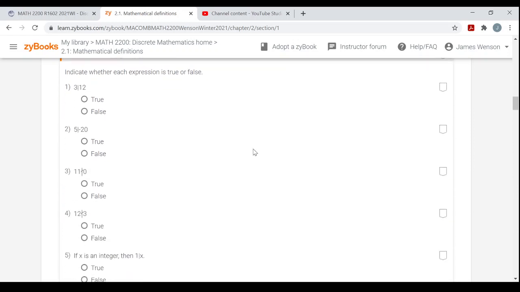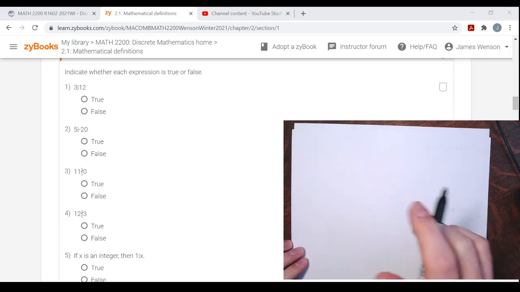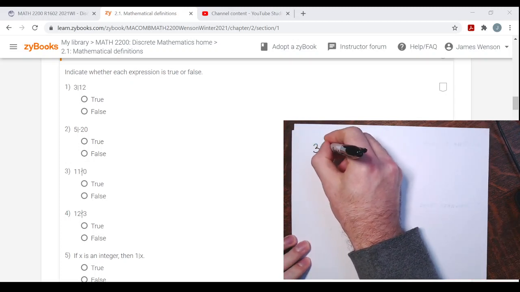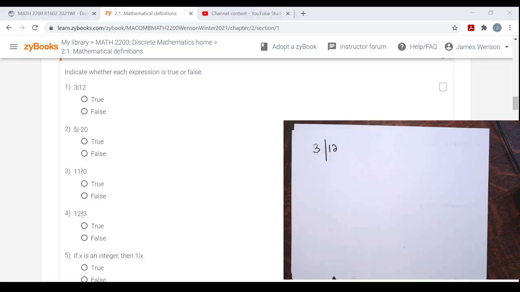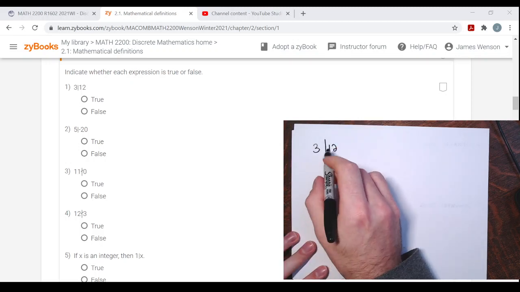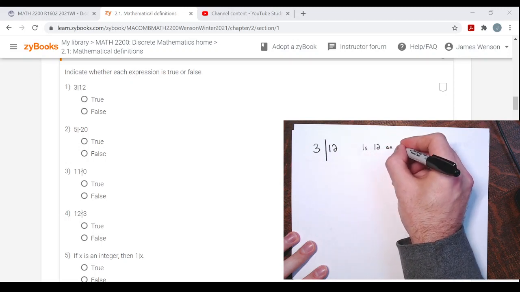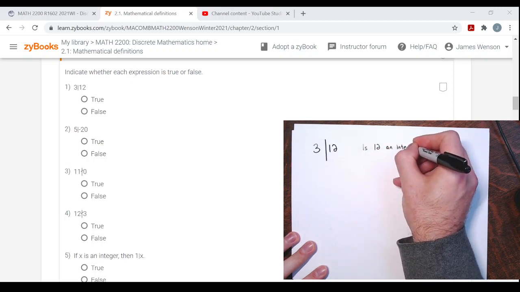All right. So some more stuff here. Indicate whether each expression is true or false. The first statement there is 3 divides 12. Basically, the question is, is 12 an integer multiple of 3?